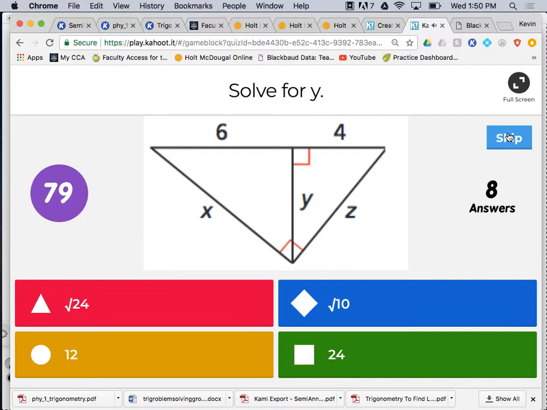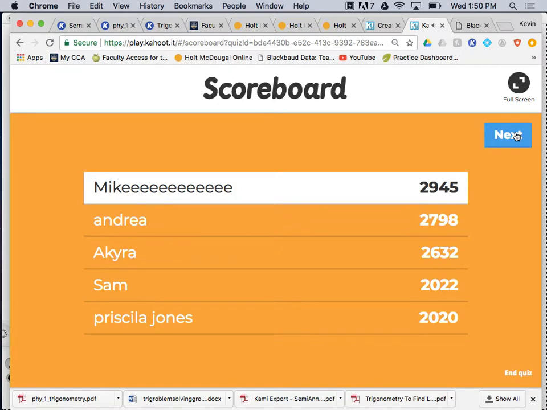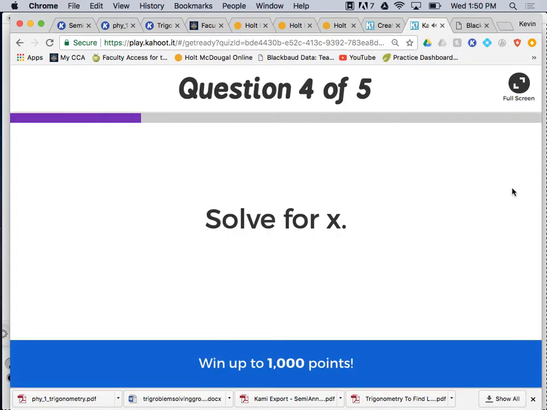The length of the altitude is the geometric mean of those 2 line segments. So what's the geometric mean? It's the square root of the product. So the length of y is the square root of 6 times 4, which is the square root of 24. There you go.